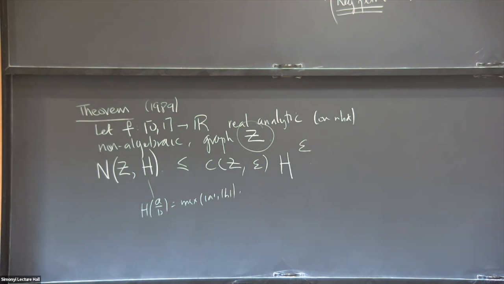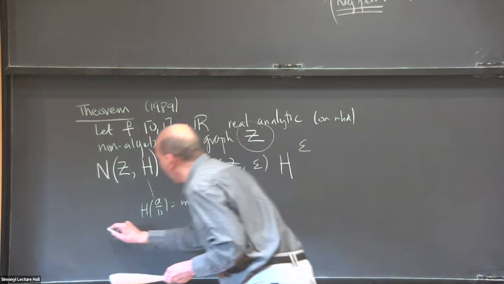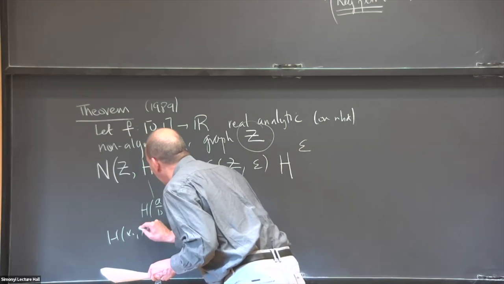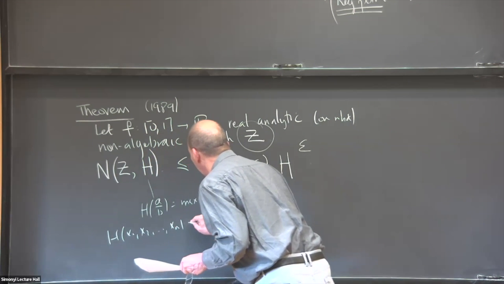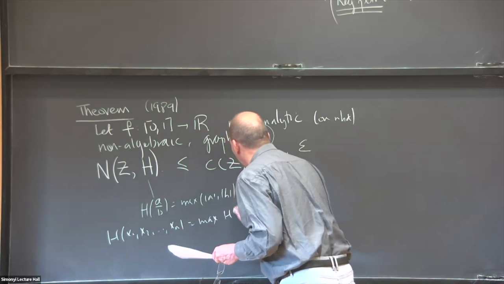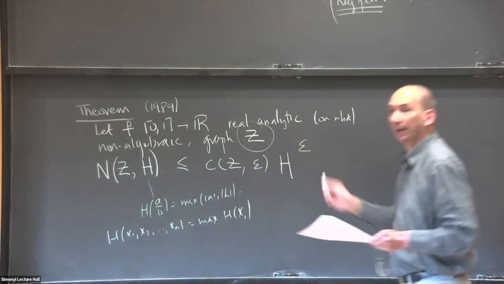So you take the height of both coordinates. Yes, exactly. And the height of x1, x2, up to xn is just the max of the heights. We just take the maximum.